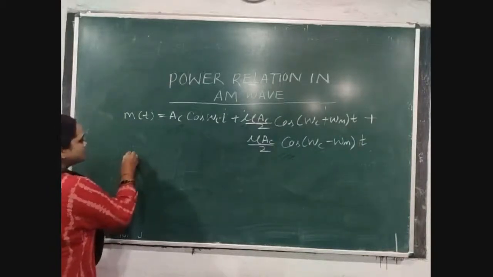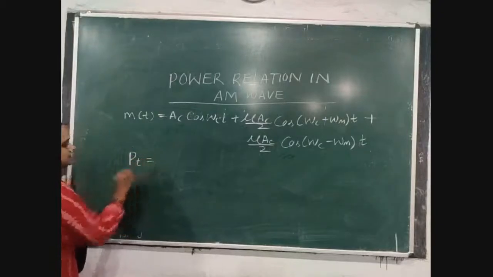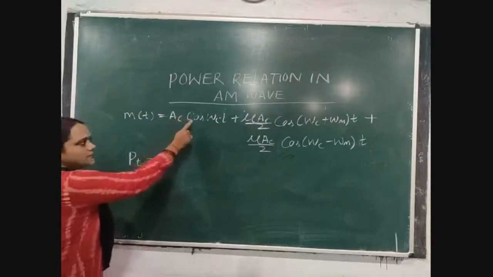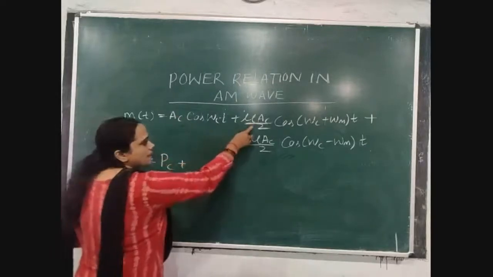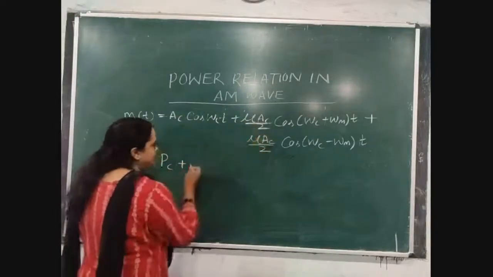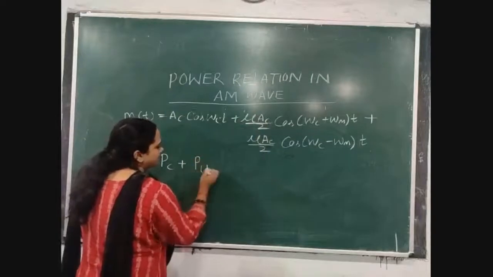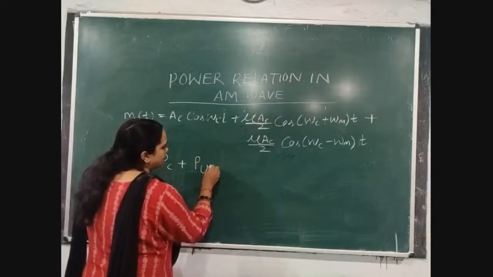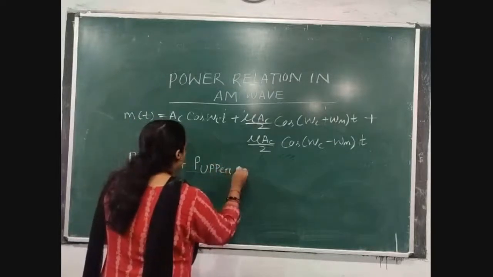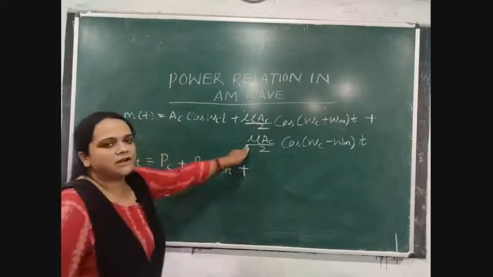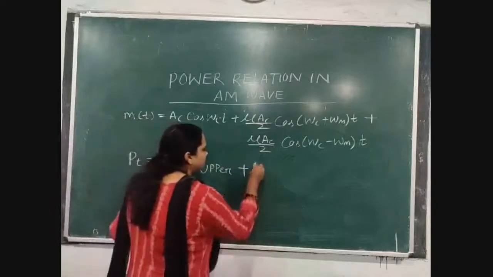So the total power of the modulated signal is equal to the power of the carrier signal plus the power of the upper side band plus the power of the lower side band.